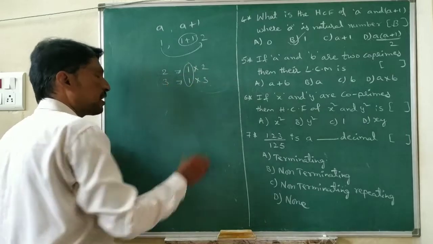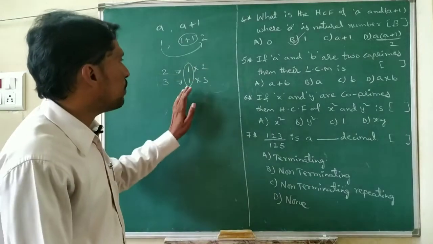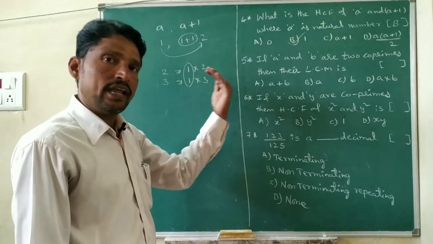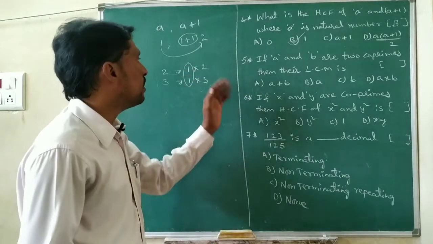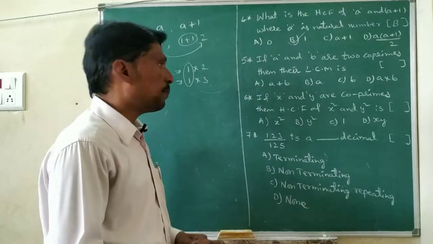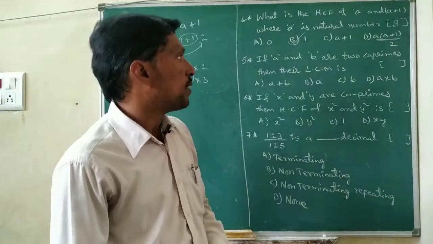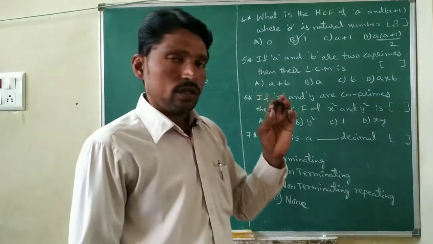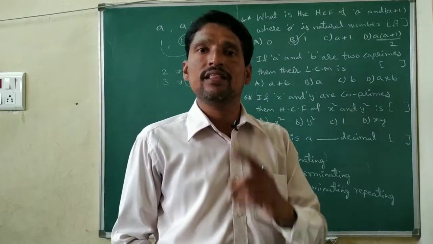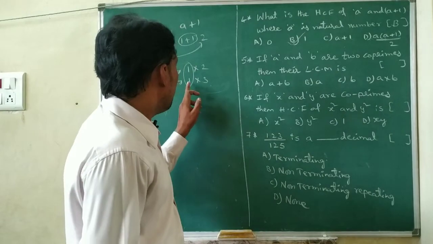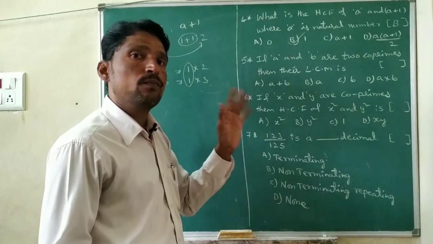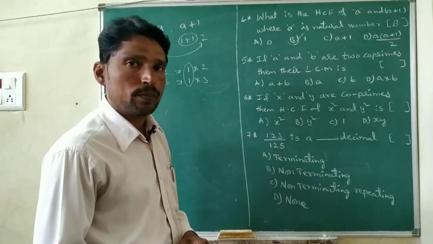So only 1 is a common factor. Other than 1, there is no common factor. Like that we can say they are co-prime numbers. So co-prime numbers are two numbers whose HCF is 1, that is, 1 is the only common factor of both numbers.